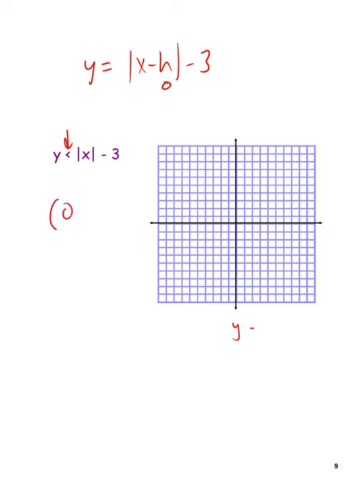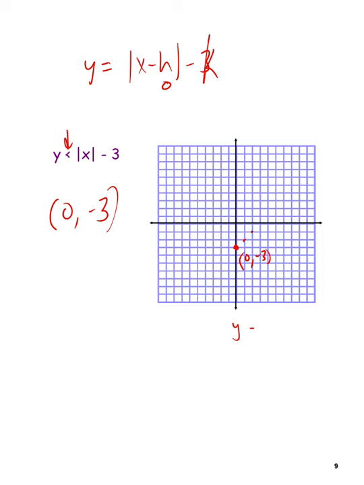So the vertex here has an x value of 0, and the y value would just be -3. So we're going to go down 3 units to the point (0, -3), because that h is 0 and the k, I should have put this as k originally, is -3 here.